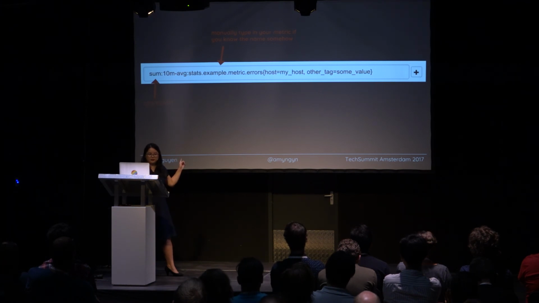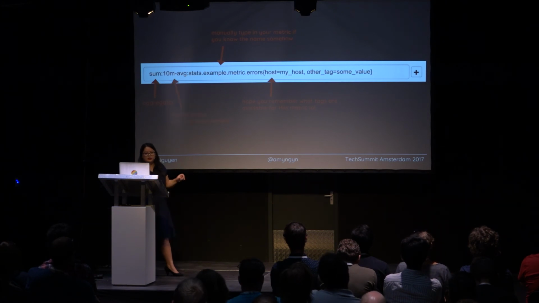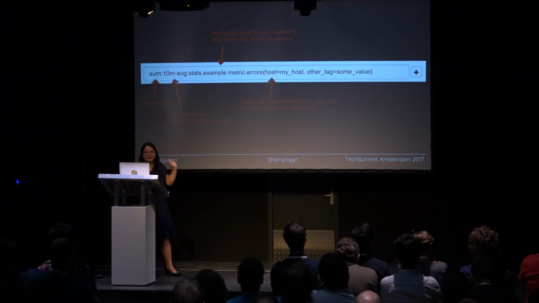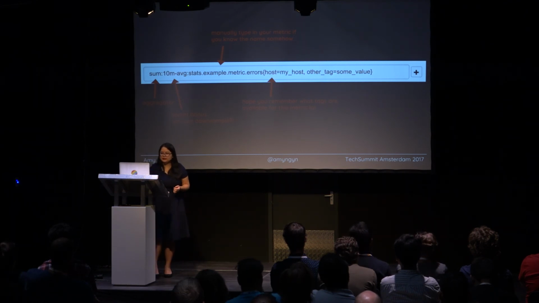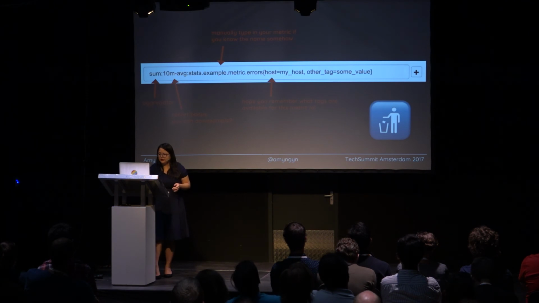You had to remember which aggregator you wanted, whether that's sum or max or average. You had to know all of the tags you wanted for this metric, so you had to know which tags were available. And then there were some secret bonus options. Everything else was required, but you could also downsample if you wanted to, though not everyone knew about that. We realized that people just didn't like writing out the syntax. And so that's garbage.